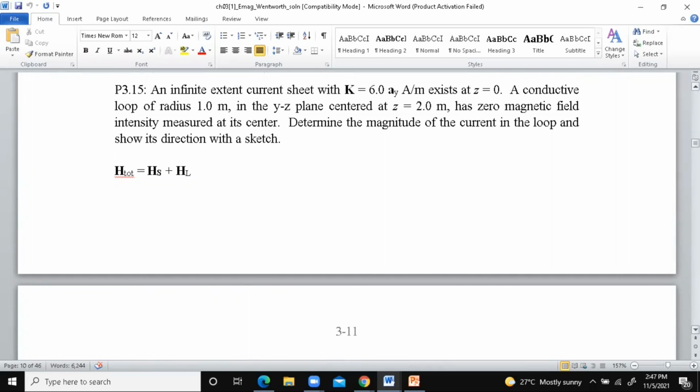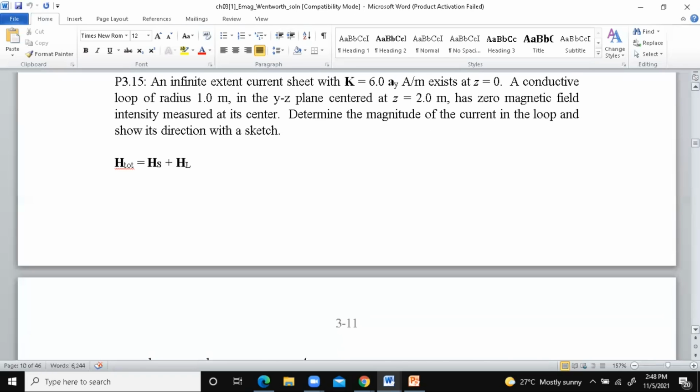Oh, to go in the opposite direction of the current sheet, sir. Or not opposite direction, but because of the right-hand rule, the thumb rule. Because of the direction the current is going, it should be opposite.